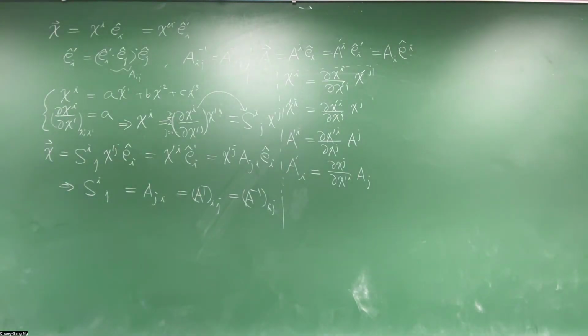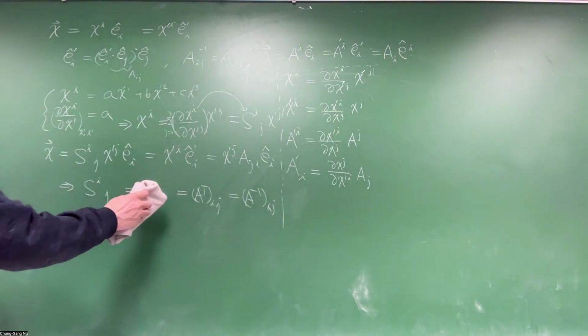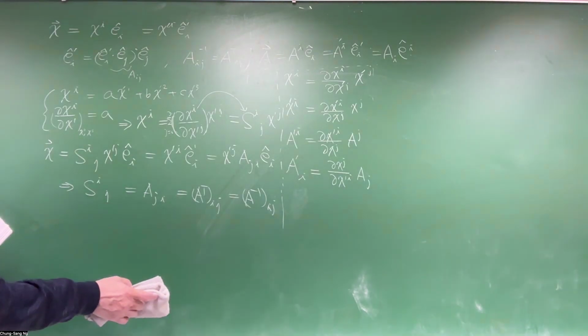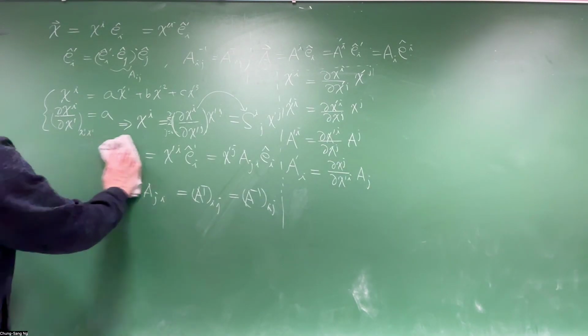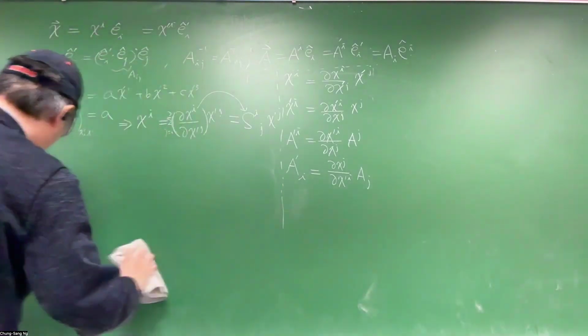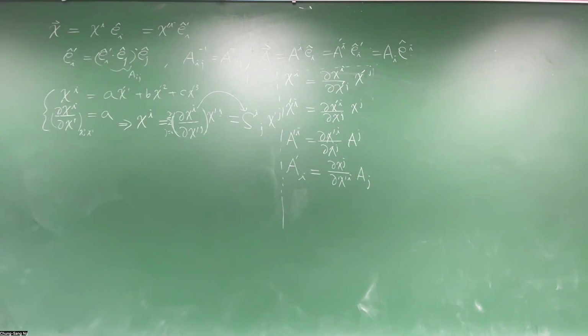But by this transformation rule, we will see that it transforms differently. So we are done with this. Let's look at the gradient vector, or gradient of something.